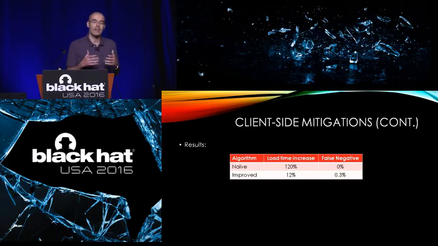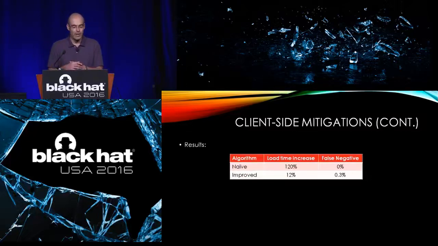So we did a small experiment on benign traffic that has no injections, and on all the injected sessions we found. And indeed, the naive approach, as we expected, substantially increases the load time of the web page.